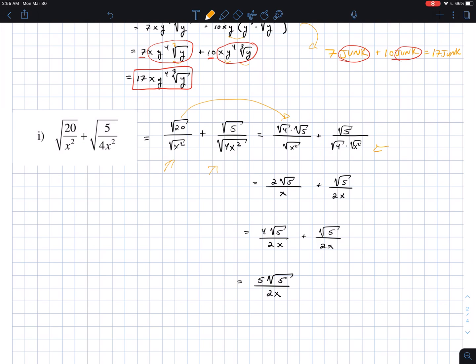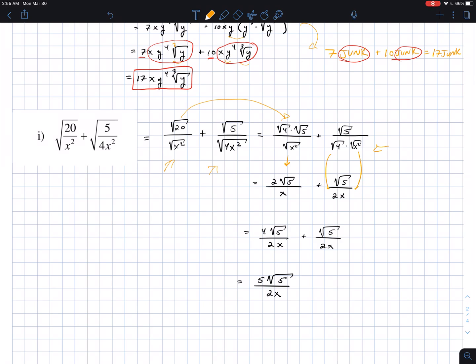Now, we know the square root of x squared really should be the absolute value of x, but because we're working with all positives, we're just going to assume that it's all positive. So from each step, you can now clearly see where I got the 2 from and where I got the x from, right? And the radical 5 just stayed square root of 5, right? Square root of 5 in the top, square root of 4, 2, and x.